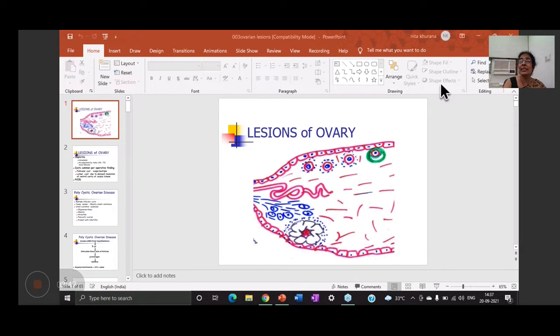Okay, I'll try it again. Maybe I should close this and then try it. I have gone on to the fourth slide, so please let me know if the slides are visible. I'll redo it again. No, there is no change in the slide. Any change now? I've gone on to the ovarian tumor slides.